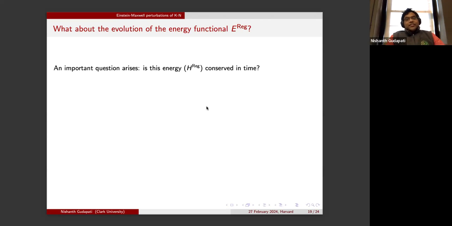As I already mentioned earlier, we need to prove that the energy is strictly conserved in time for that energy to be useful, because one can always construct a positive definite energy on a fixed slice and not worry about the evolution, because that's always possible, but that will not be useful from the point of view of the stability problem, which is based on evolution of the data from the initial data, right?